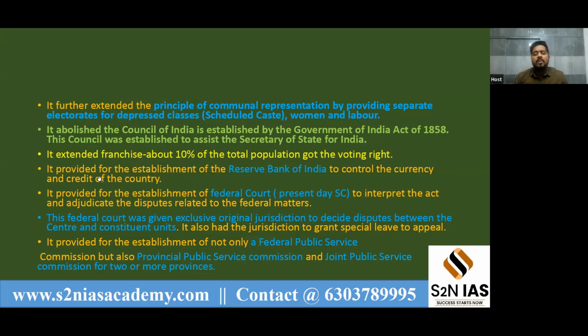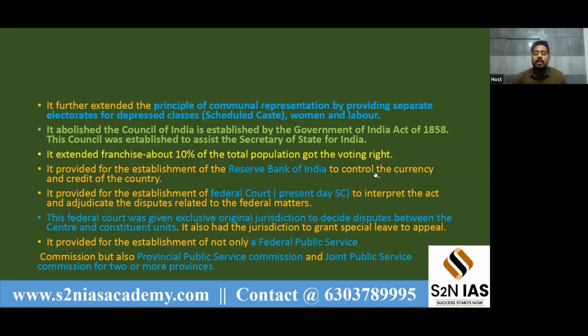So more responsible governments are there at the provincial level itself. So there is no need of any big central institute to advise the Secretary of State for India, because the role of the Secretary of State for India itself will be reduced if responsible governments are there at the central and state levels in India. It extended the franchise.